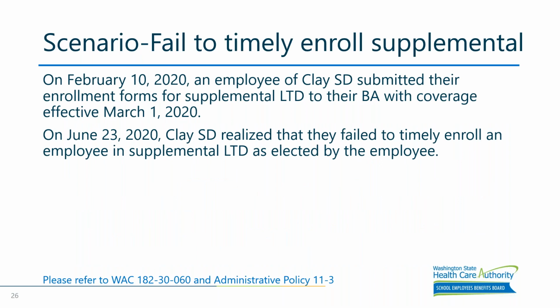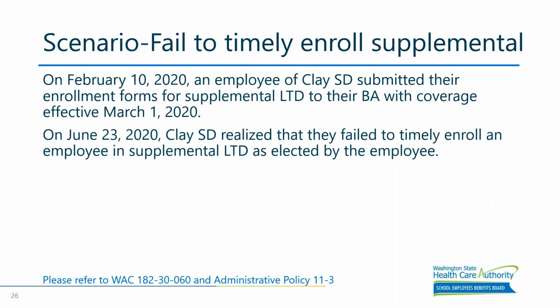Here's another scenario. Failed to timely enroll in supplemental insurance. On February 10th, an employee of Clay School District submitted their enrollment forms for supplemental LTD to their BA with coverage effective March 1st.